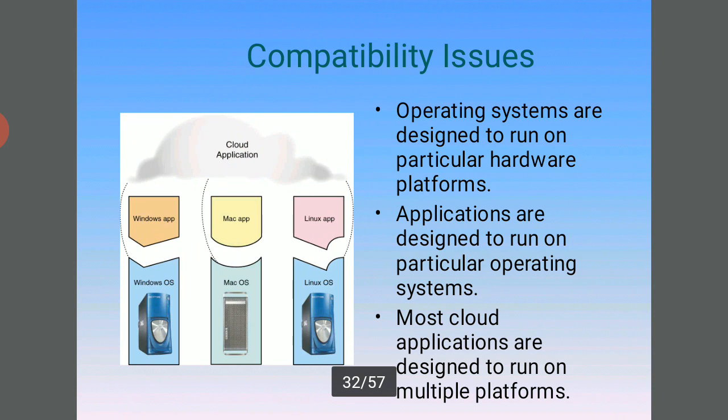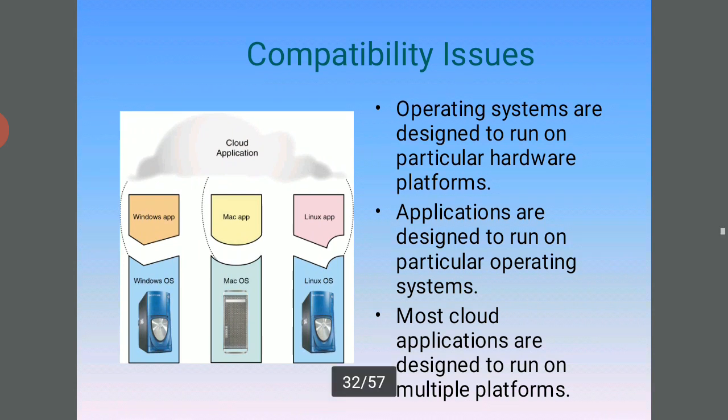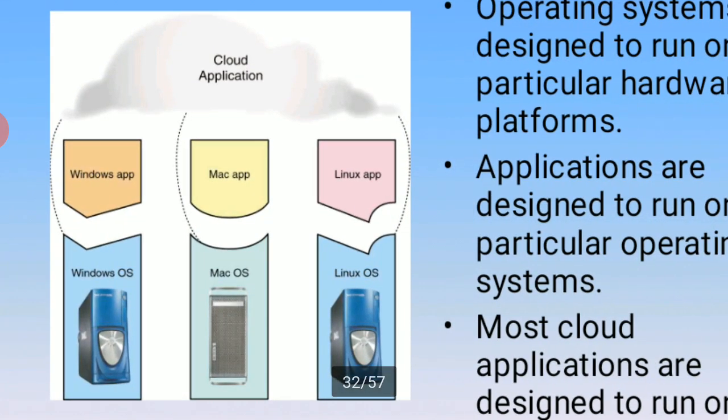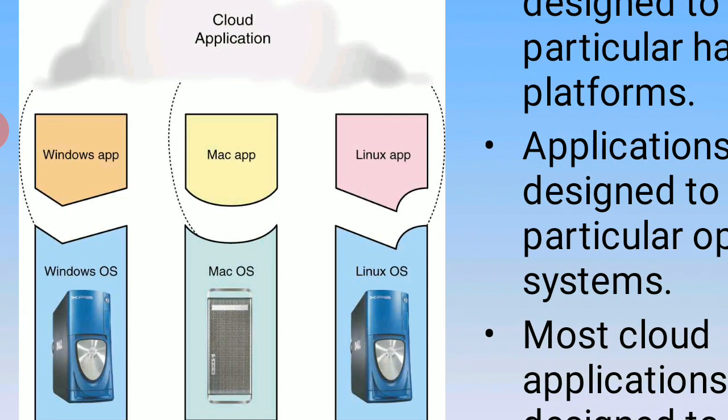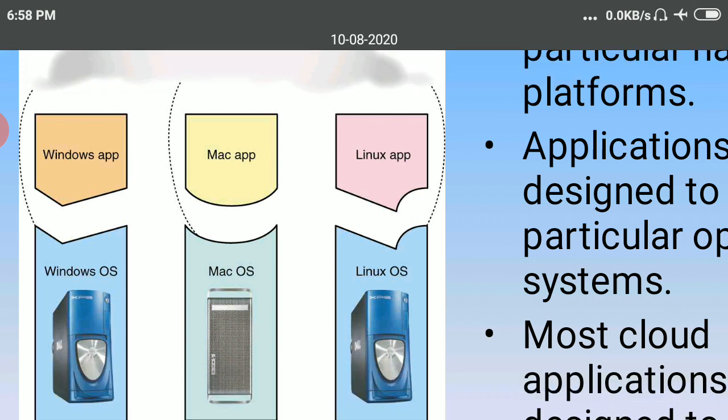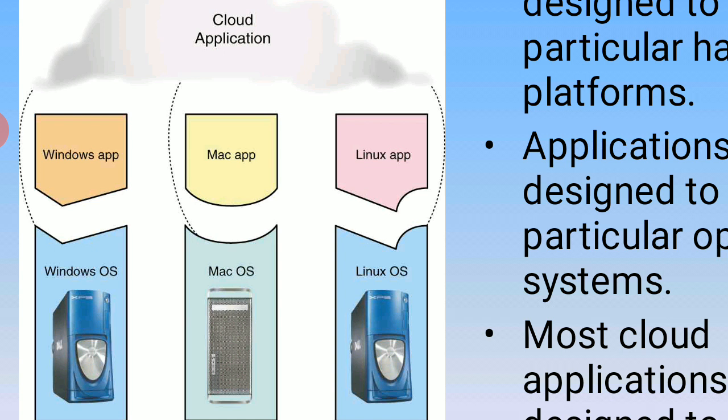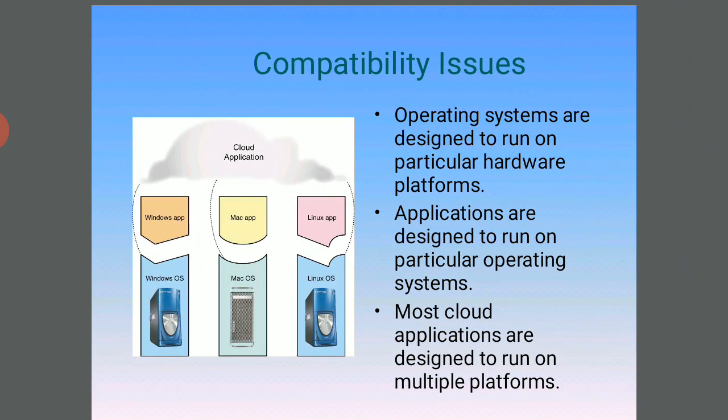And the compatibility issues. So what are the compatibility issues? Here, the cloud applications, the Windows app and the Mac app. The Windows operating system, Mac operating system, Linux operating system. So Linux app, Mac app, this is the Windows app. So the central processing unit is controlled by the operating system.